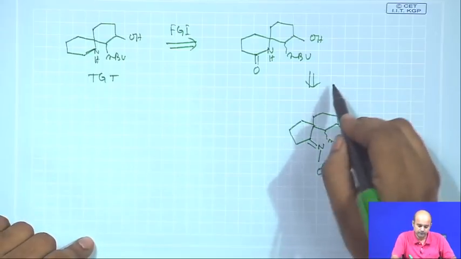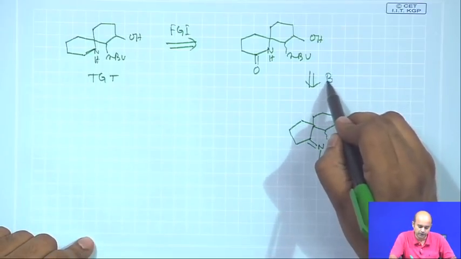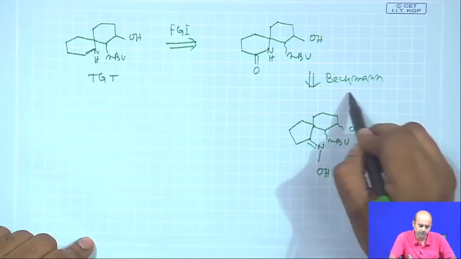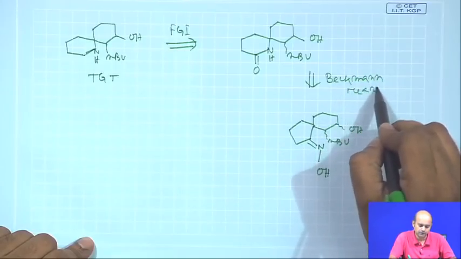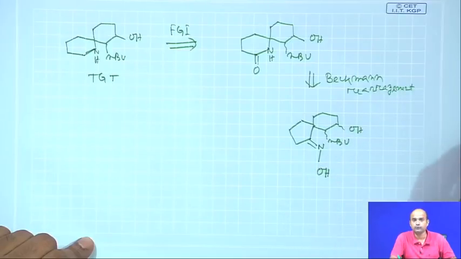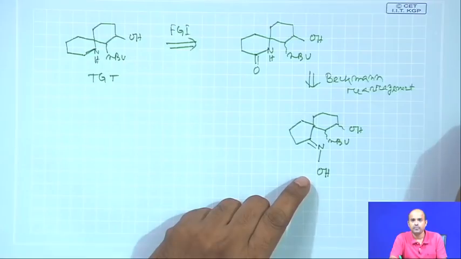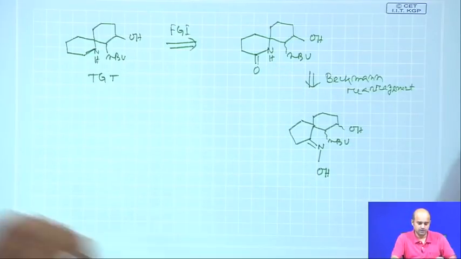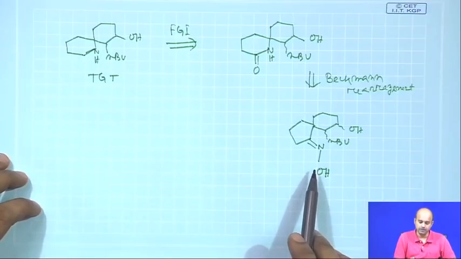Now, what is this? This transformation is basically based on a Beckmann rearrangement. Beckmann rearrangement, all of us know it, and if it is applied to a cyclic oxime, you will get a ring expanded amide. Okay. So, the basic transformation is a Beckmann rearrangement based transformation.